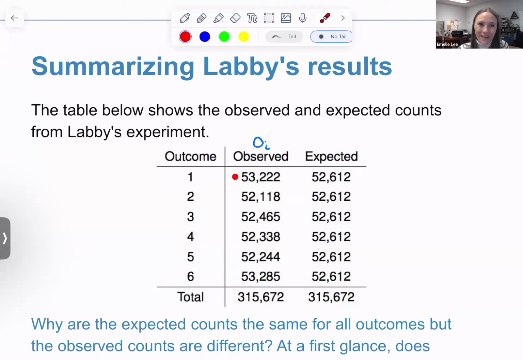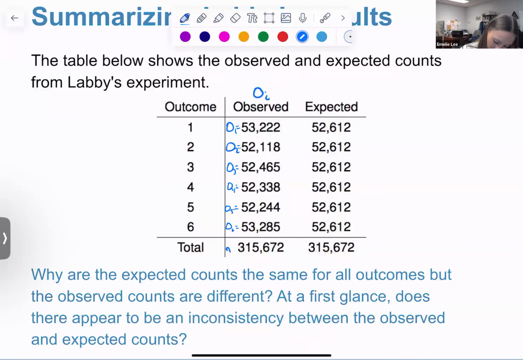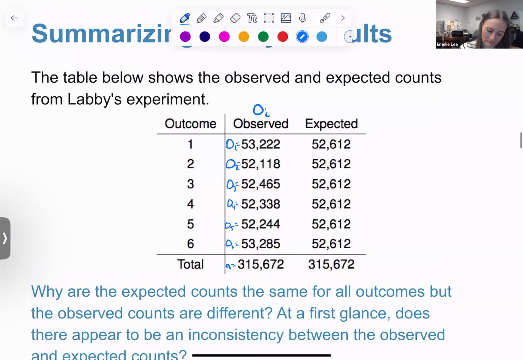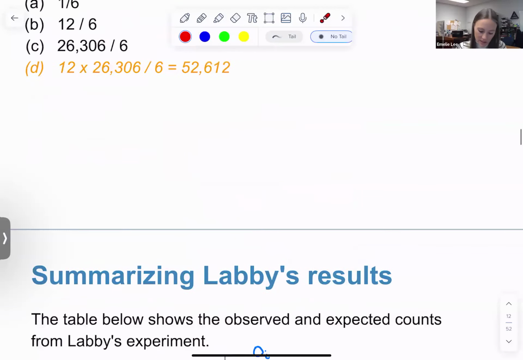This is O1, O2, O3, O4, O5, O6, because these are all the observed counts, and then the total is your N. So what we could do is 12 times 26,306.